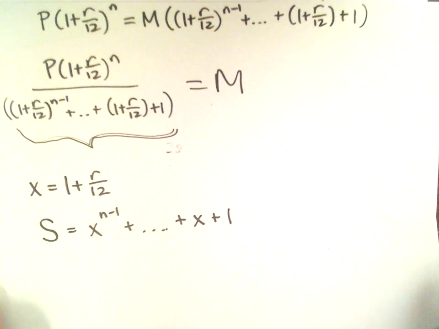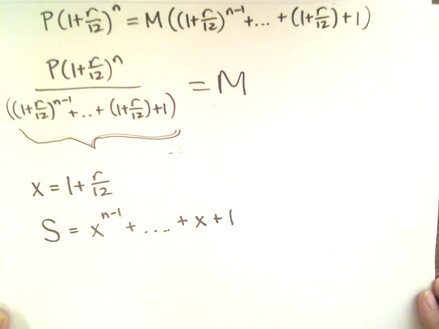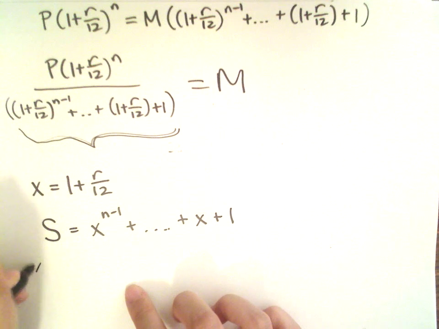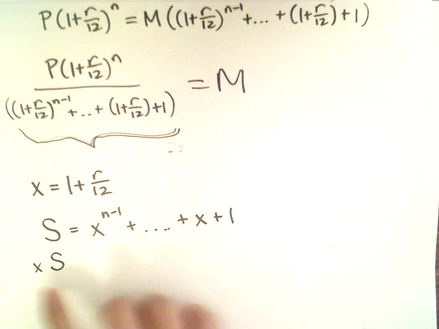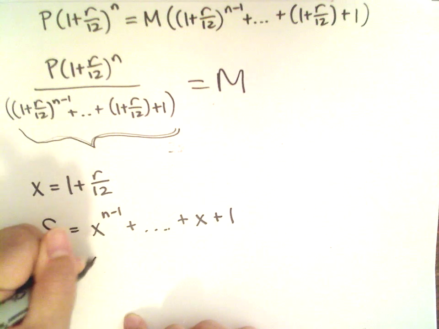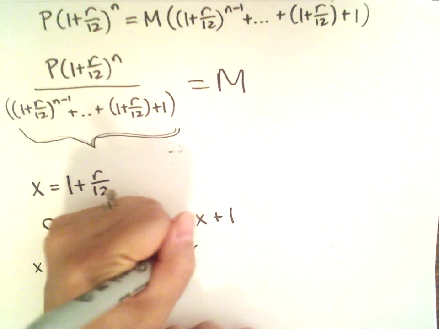And we're going to do something maybe a little weird, but you'll see why it's helpful in just a second. We're going to multiply s by x. So when we multiply s by x, that's x times x to the n minus 1 plus dot dot dot plus x plus 1.